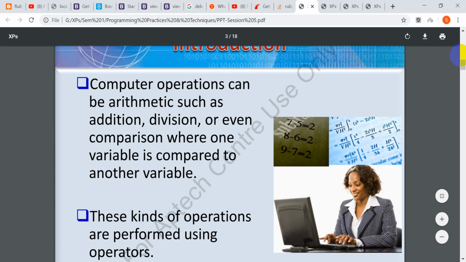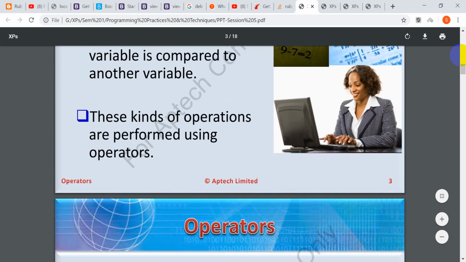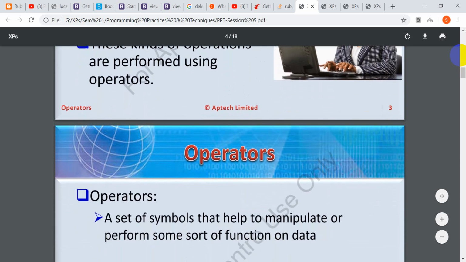The variable is just like a value that has been assigned, so a variable is just like a number. So these kinds of operations are performed using operators.